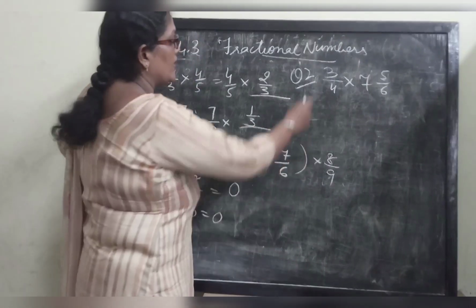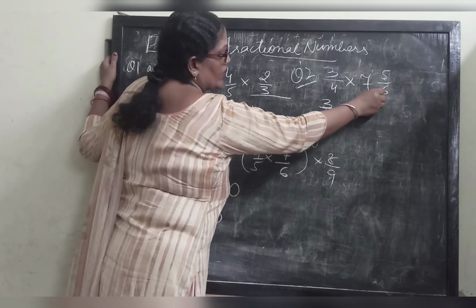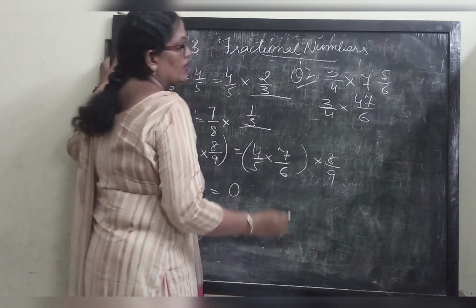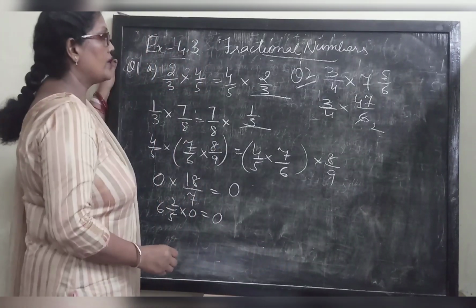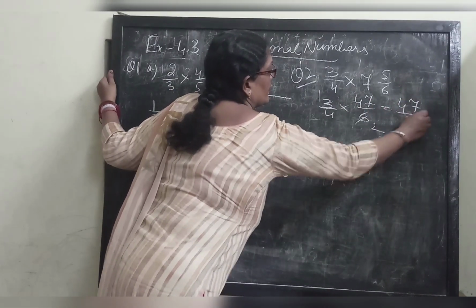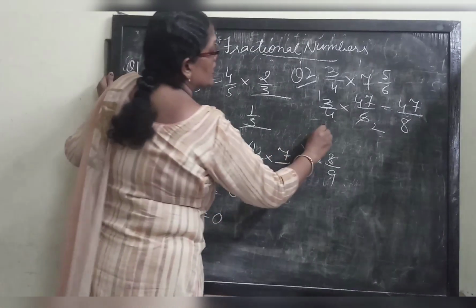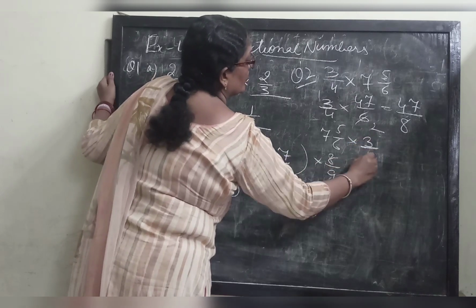You have to solve it. 3 over 4 into 7, 6 7s are 42 plus 5, 47 over 6. See the cancellation. 3 1s are 3, 2 2s are. Any more cancellation? No. 47 1s are 47, 4 2s are 8.